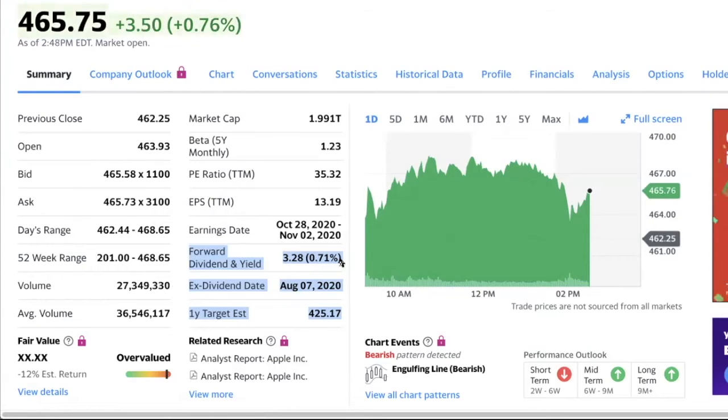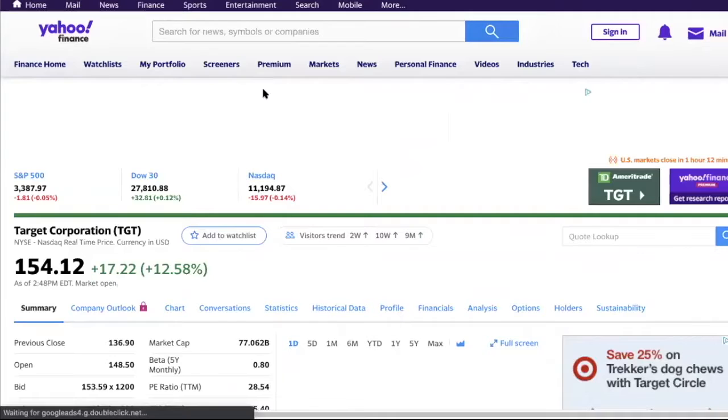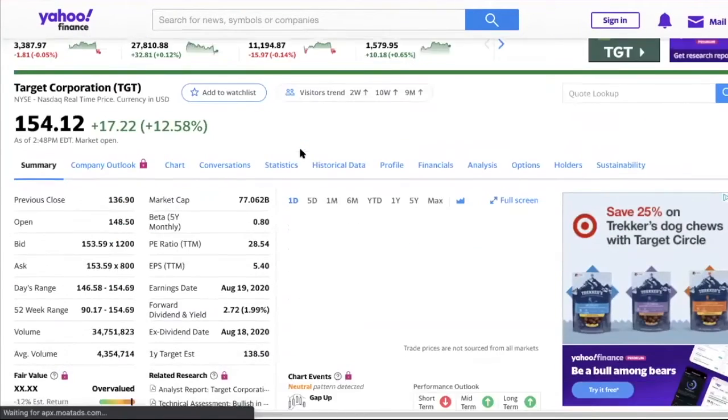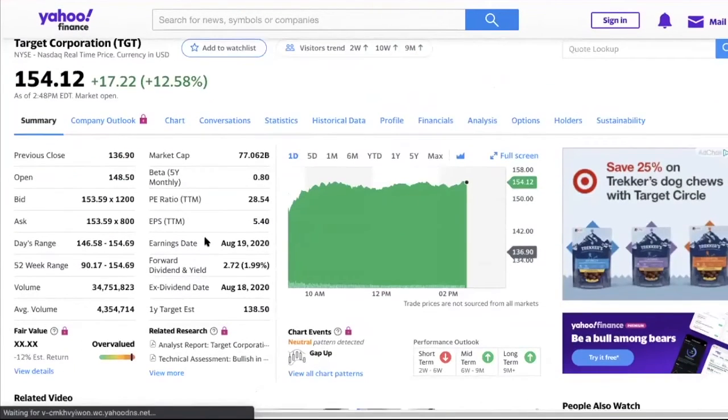Let's look at another company to compare. Here is Target's information. As you can see, the dividend amount is $2.72. This is less than Apple, which was $3.28. However, the yield is higher.